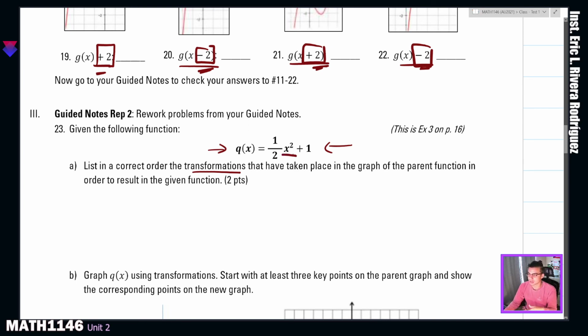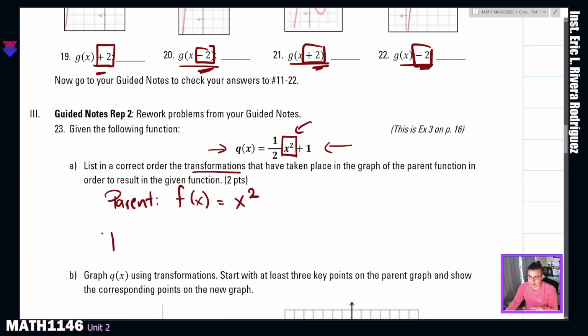In this one, we are seeing that we have x squared. That makes this function a quadratic function or a parabola function. Hence, the parent function of q of x is x squared. All right, so we have a quadratic function here, or a parabola function, or a square function. Okay? There are many names to identify this function.